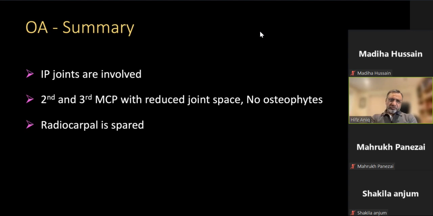Very well-defined margins, gull-wing appearance if you want to call it, and there can be subchondral sclerosis, a typical appearance, but the distribution matters: IP joints, second and third MCP joints without osteophytes, and the radiocarpal joints spared. So, any question about that? Anything you're not sure about?